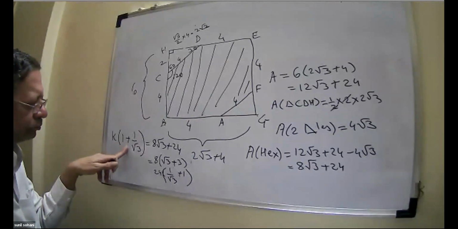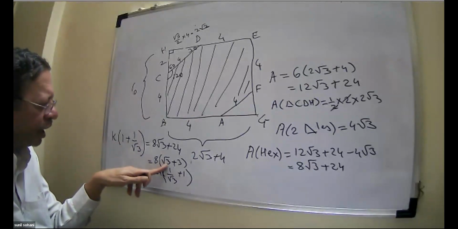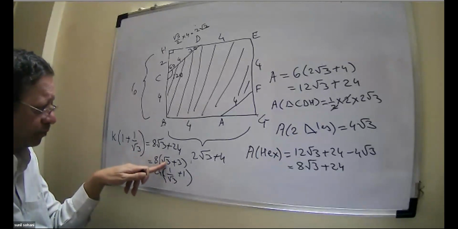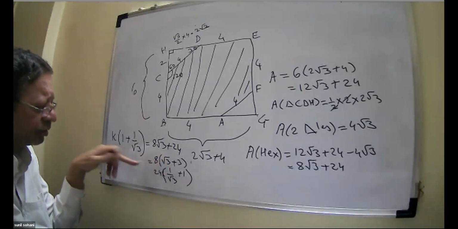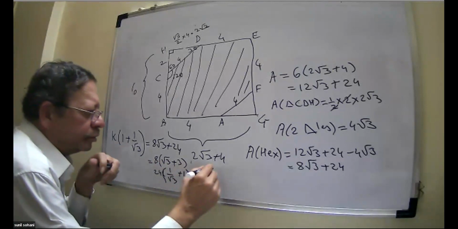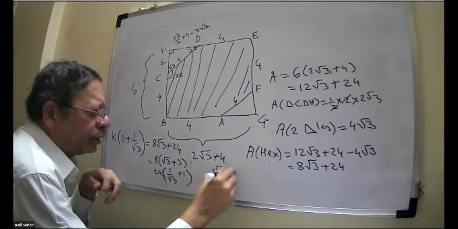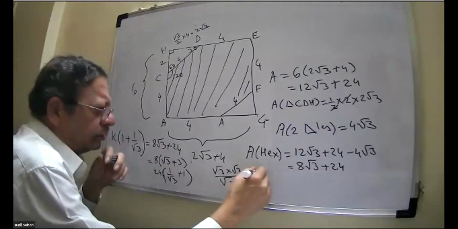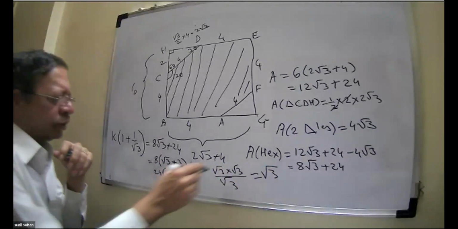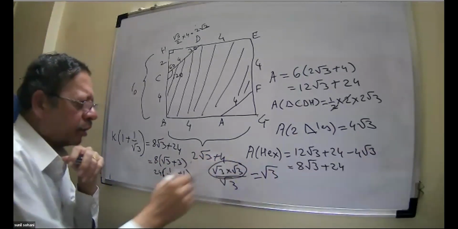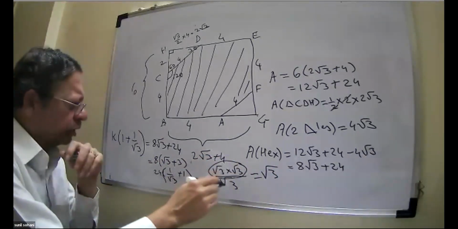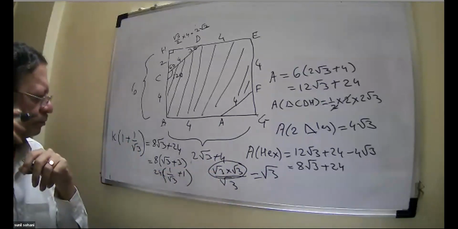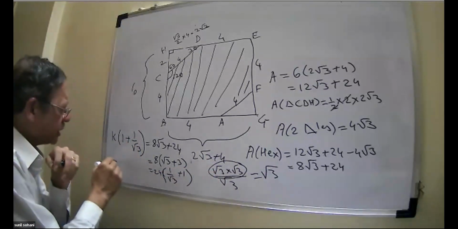So from root 3 I took out 3, but there is only root 3. So root 3 into root 3 upon root 3 has to happen, then 3 will come out. Root 3 into root 3 upon root 3 is root 3. So this gives 3 taken out, 1 upon root 3 left inside the bracket. And then it is very easy to understand k is 24.